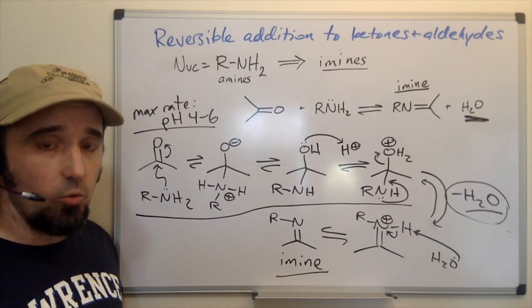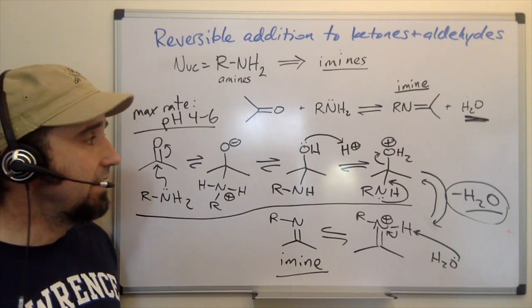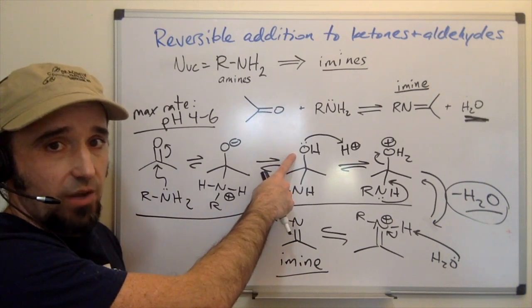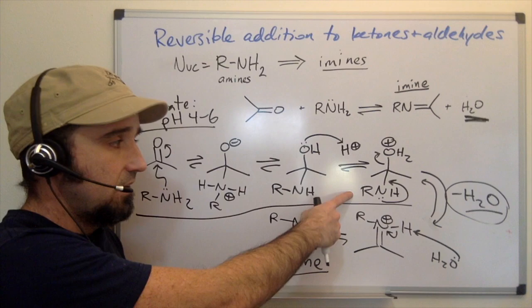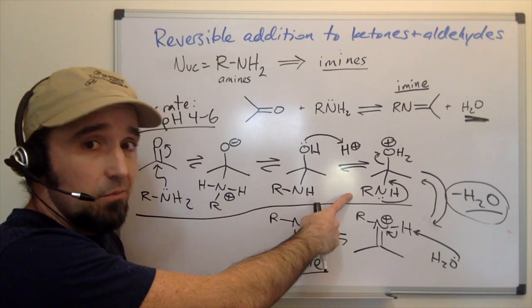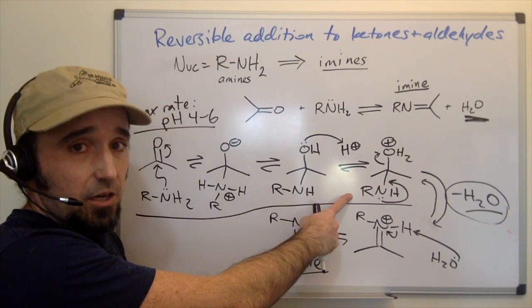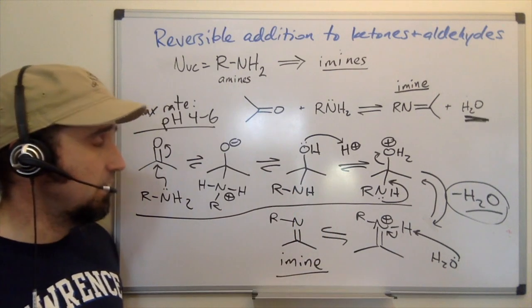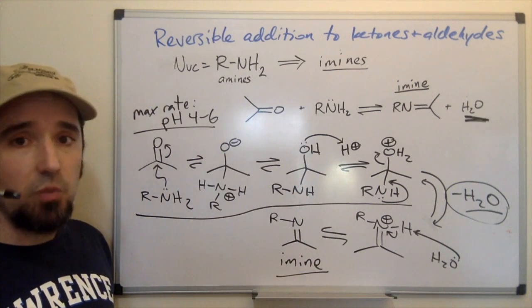So again, we can go through why we need acid. We need acid because we need to protonate this OH. This is an unlikely intermediate anyway, but if it's not acidic, this becomes very, very unlikely. So we need a little bit of acid. But we can't have too much acid.